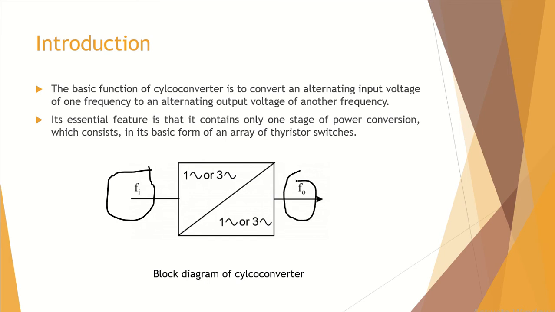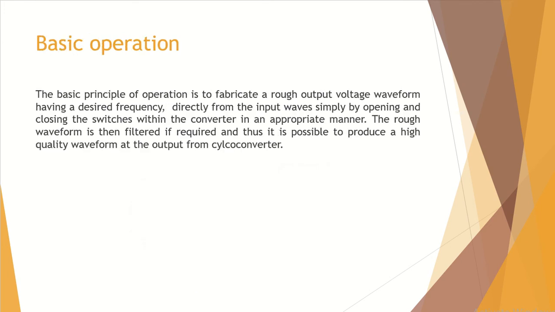This output frequency can either be less than the input frequency or greater than the input frequency, depending upon the mode of operation of the thyristors. We will see how the frequency is changing. Let's move toward the basic operation of this cycloconverter.